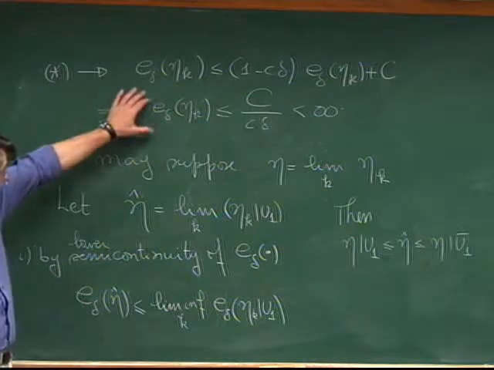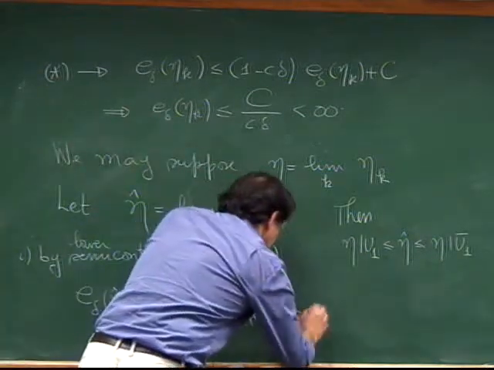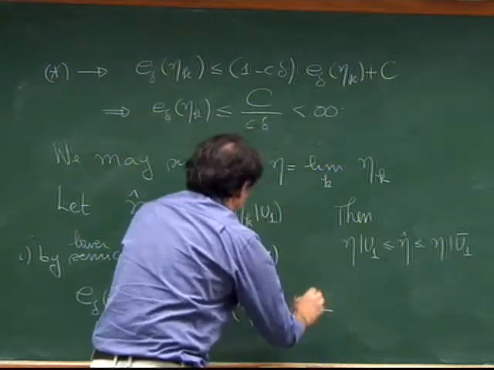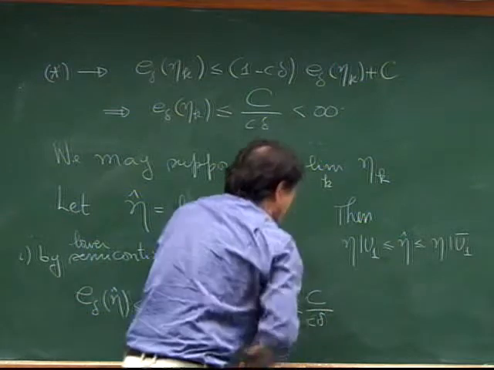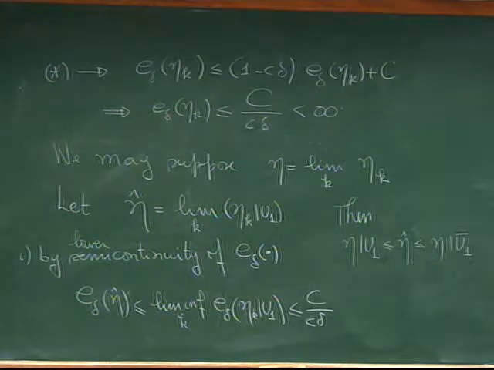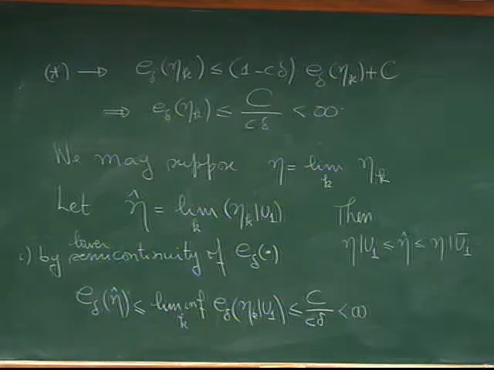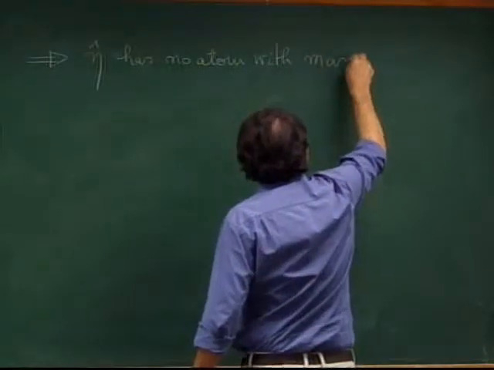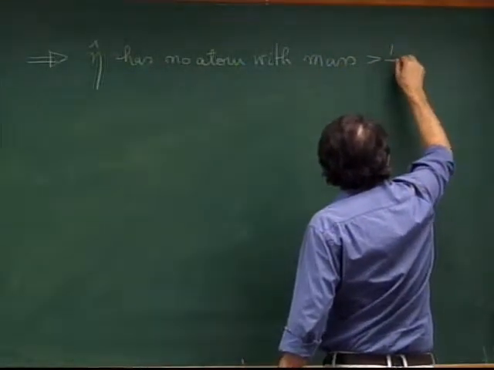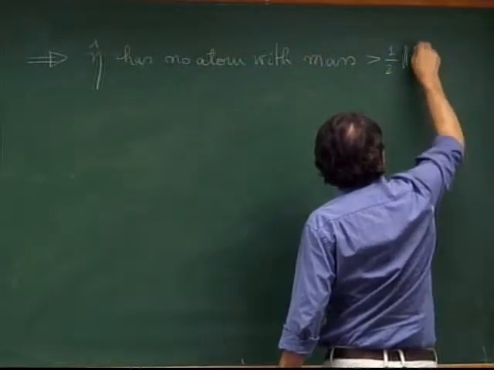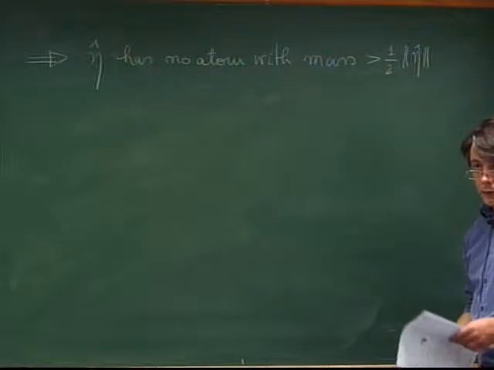And since all of these energies have this bound, it is smaller than C over C delta. Okay? So that implies that the energy of eta hat is finite, which implies, of course, that eta hat has no atom with mass bigger than 1/2 the total mass of eta hat.